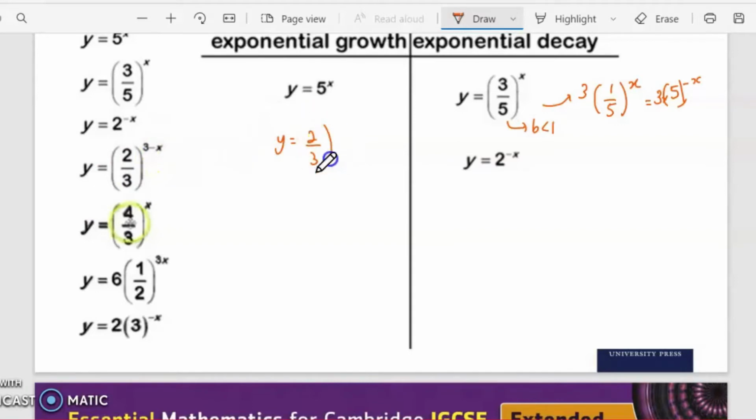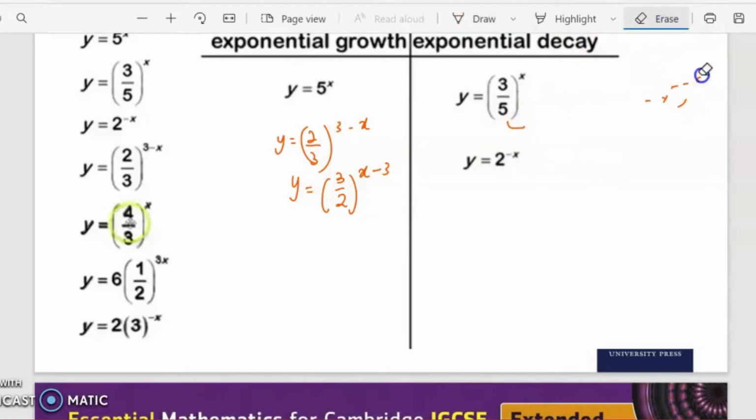Okay, bila kita terbalikkan dia, jadikan positif, dia akan jadi y equal to 3 over 2 to the power of x minus 3. Itu tukar dia punya position dia. Jadi macam tu. Oh sorry, this one saya kena betulkan balik.